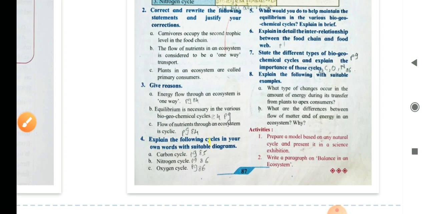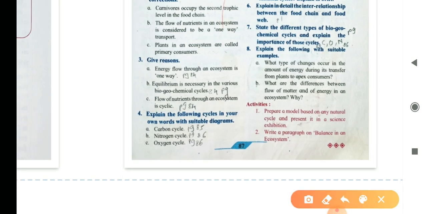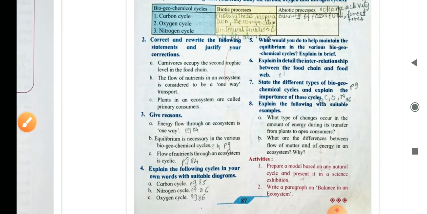Fourth question, explain the following cycles in your own words with suitable diagrams. Carbon cycle is given on page 85, nitrogen cycle page 86, oxygen cycle page 86. You have to draw the diagrams and also answer them. Let's go to question number 5.